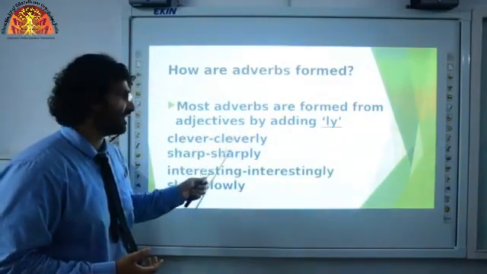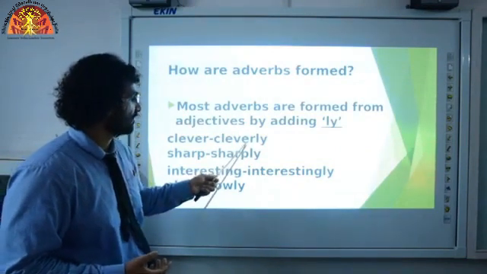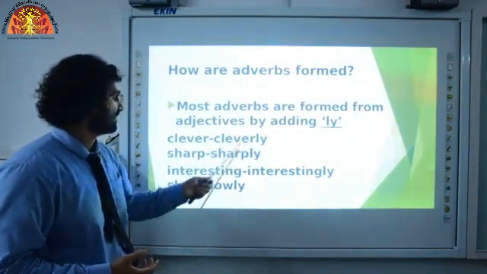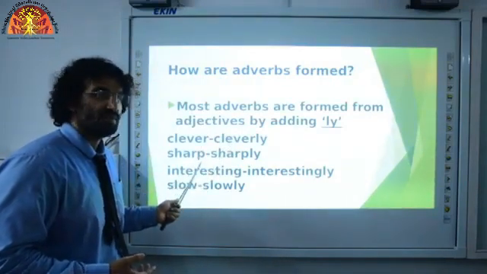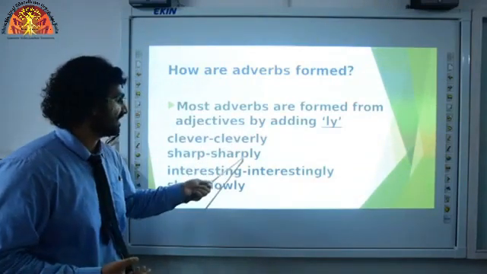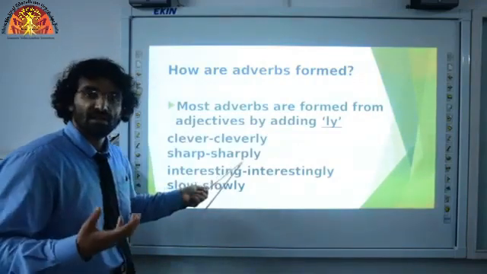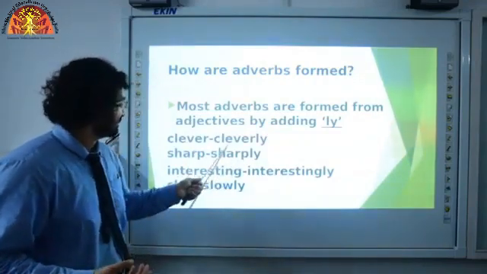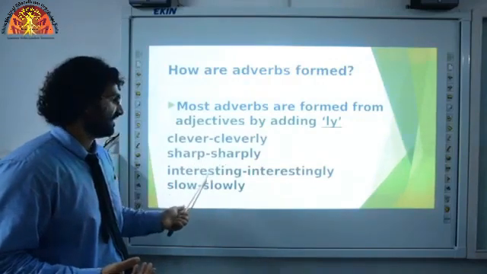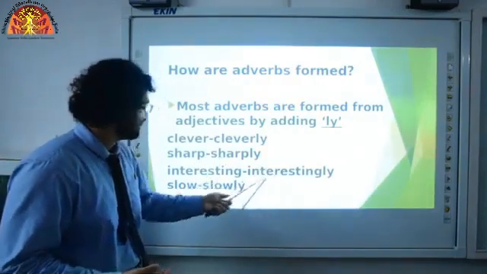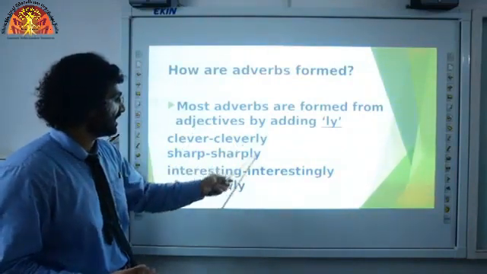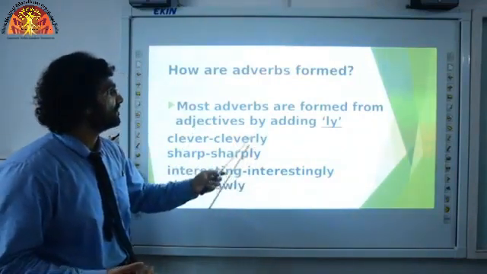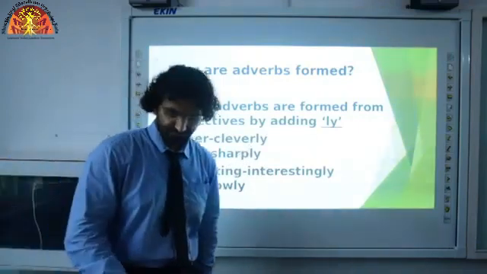We have added ly, and this has now become an adverb. Clever, cleverly. Similarly, sharp is an adjective here. We have added ly, and it has now become an adverb. Clever, cleverly. Sharp, sharply. Interesting, interestingly. Slow, slowly. So these are all adjectives and these are all adverbs. That is how we form adverbs.